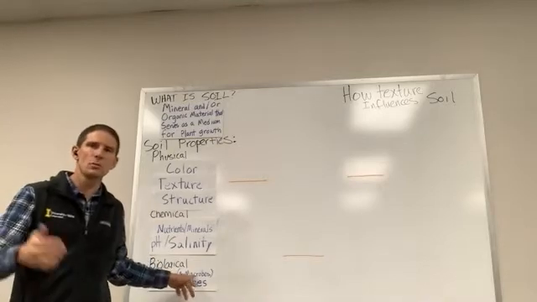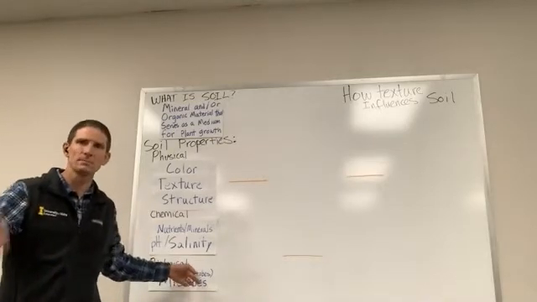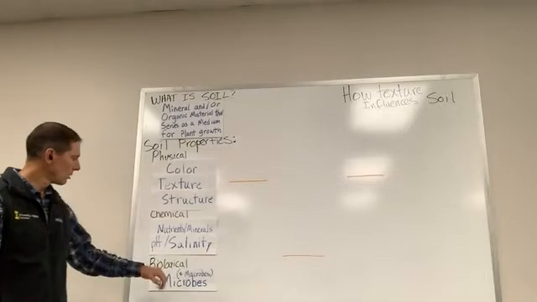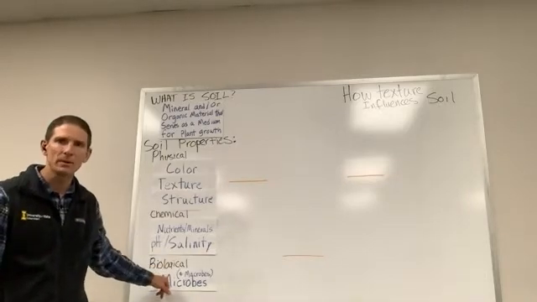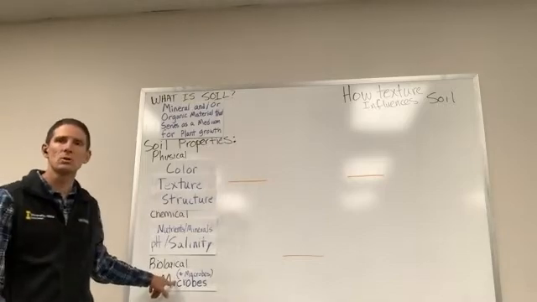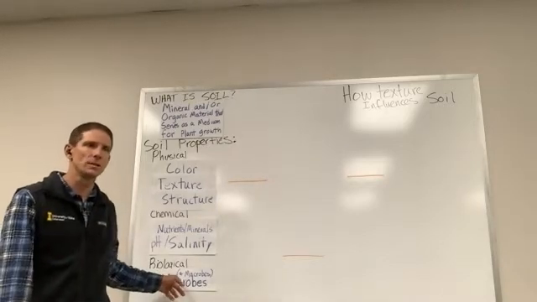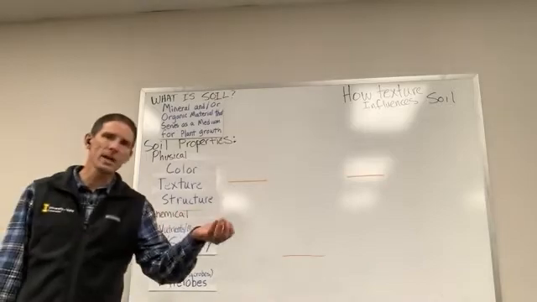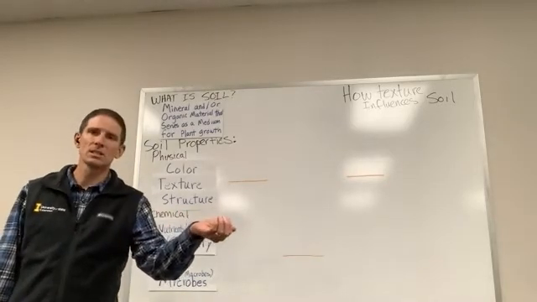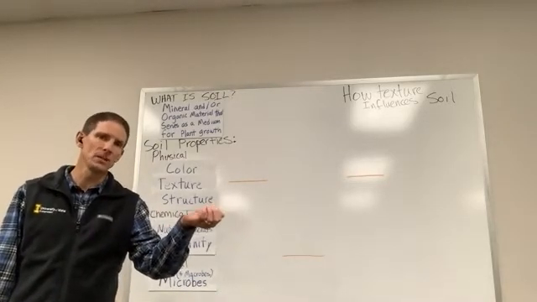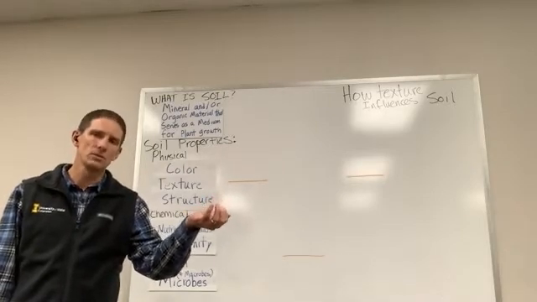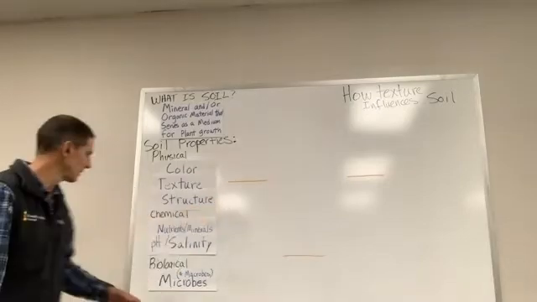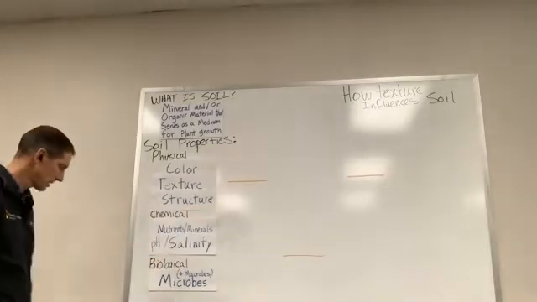Macrobes just refers to big organisms like worms or nematodes, or small organisms, or the really, really small microscopic organisms. And those are actually the ones that play the biggest role in soil. It's actually said that if you have just a little handful of healthy soil, there are more organisms in that soil than there are people on Earth. So there's a lot going on in that soil, in that biological section.